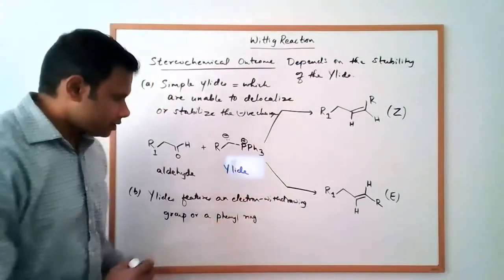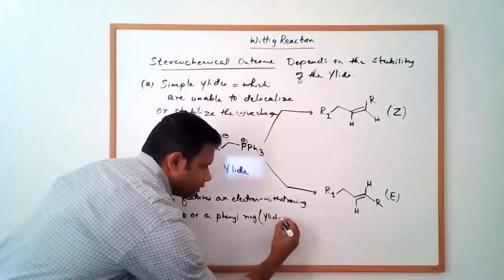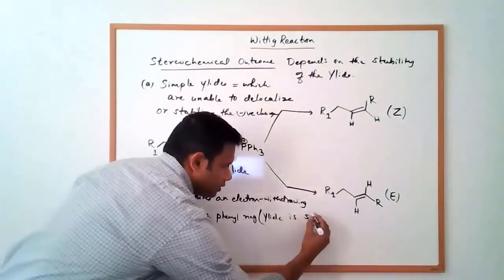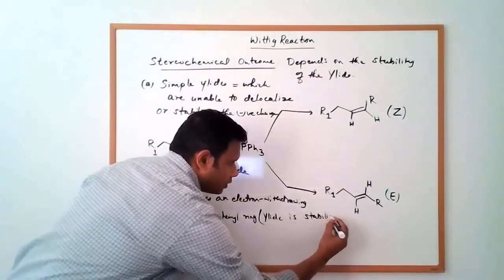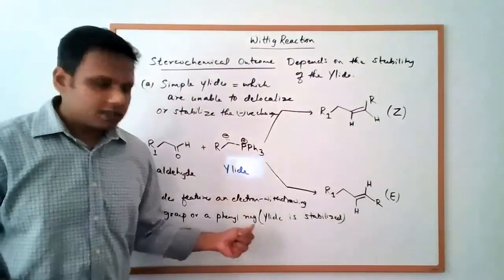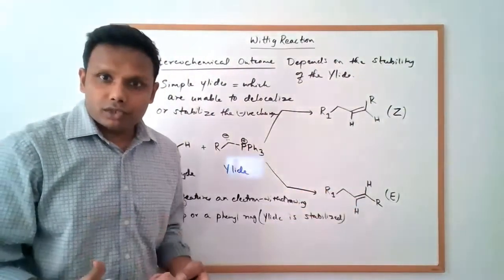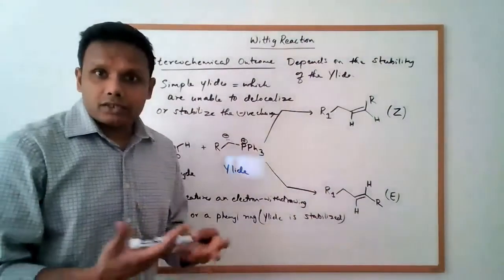In these cases, the ylide is stabilized, and whenever you have a stabilized ylide, you get the E-alkene as the major product as a general scenario.